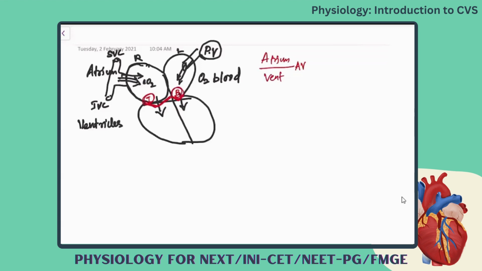Okay. And now the blood entered into the lower chambers, whether it is with the carbon dioxide deoxygenated or with the oxygenated blood. From both the sides of the upper chambers, the blood is now entering into the ventricles. Okay. Now the ventricles is having a valvular mechanism connected with the blood vessels.